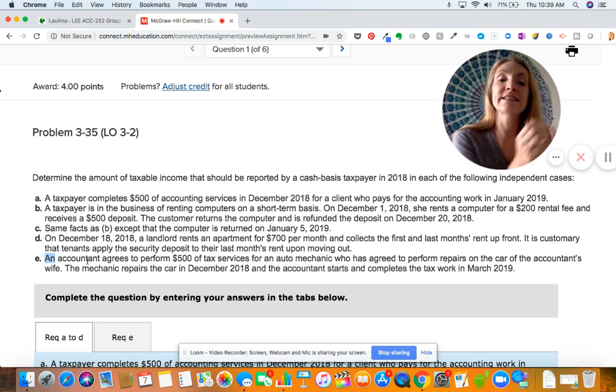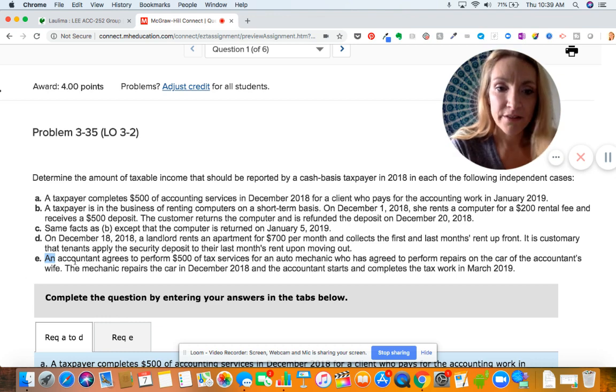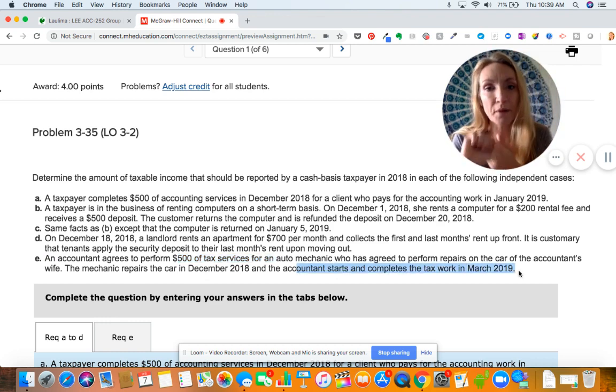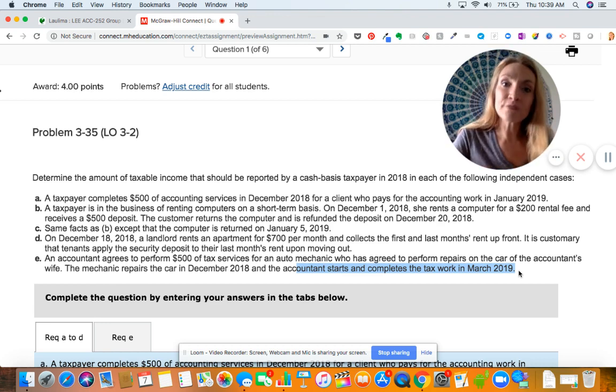Since the mechanic did the work in December 2018, the mechanic includes in income the $500 of services in 2018. Since the accountant did the work in March of 2019, the accountant records income in 2019. Make sense? And other than that, it's zero in the opposite years.